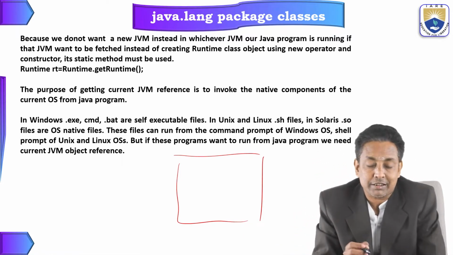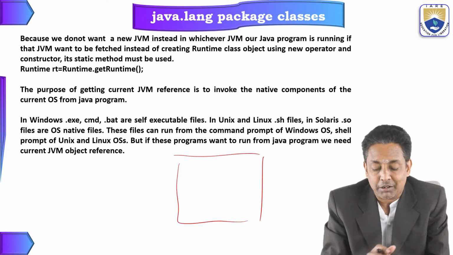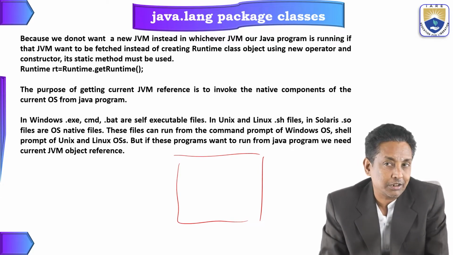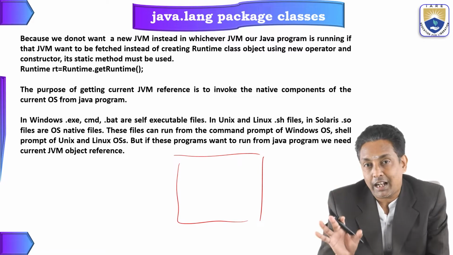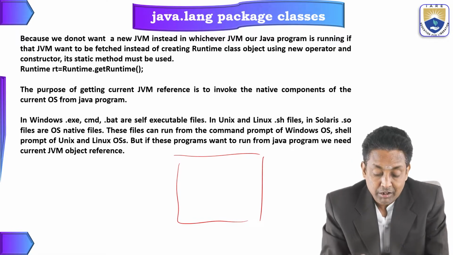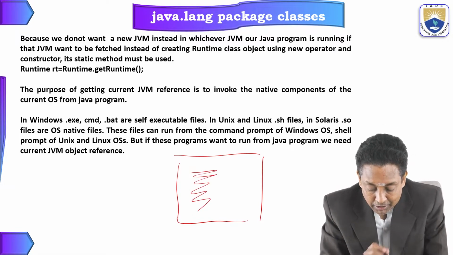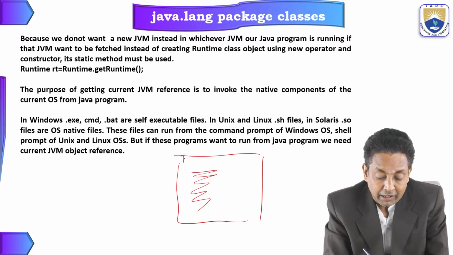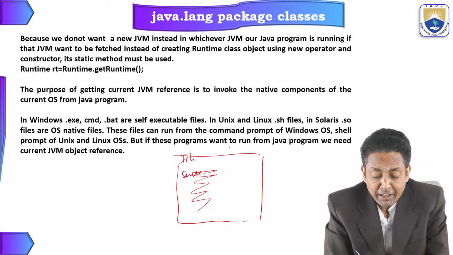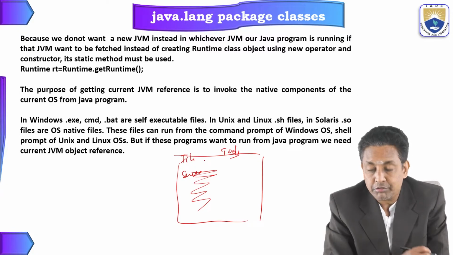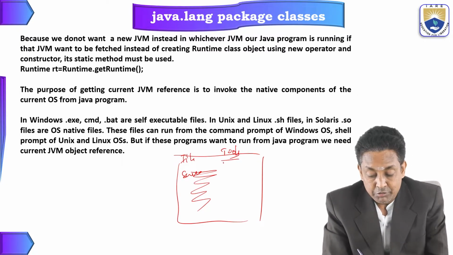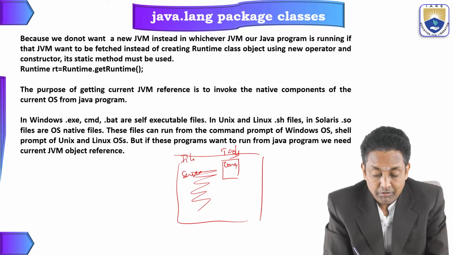I create one example called ActivePad. ActivePad is one kind of editor. It is not an IDE, it's simply an editor in which you can write a Java program. Through the File menu, you can save the program. And I add a Tools menu, with one option for compile and one for run.